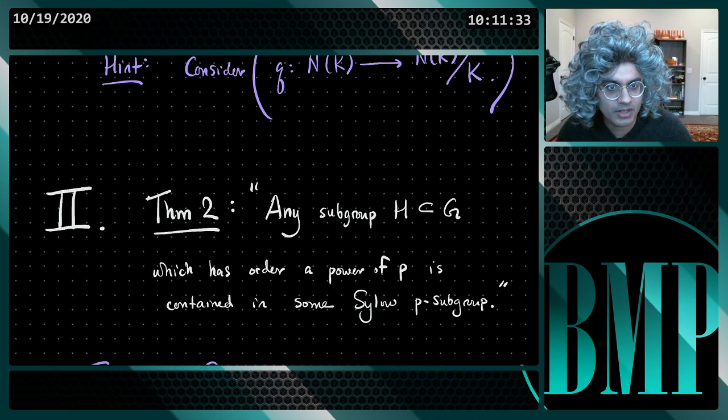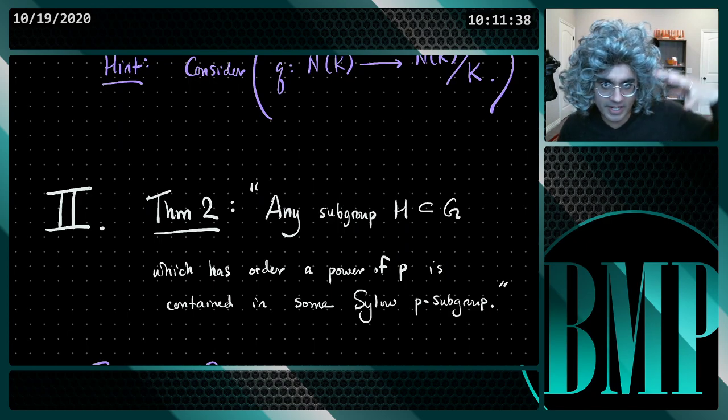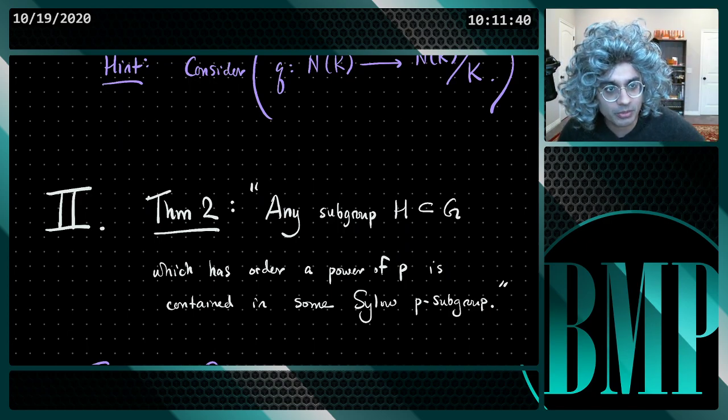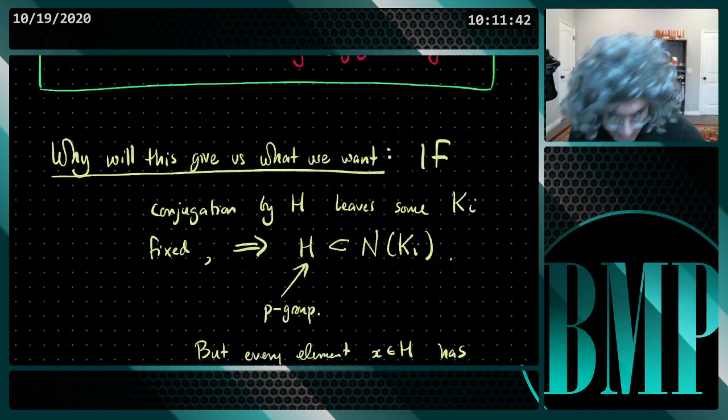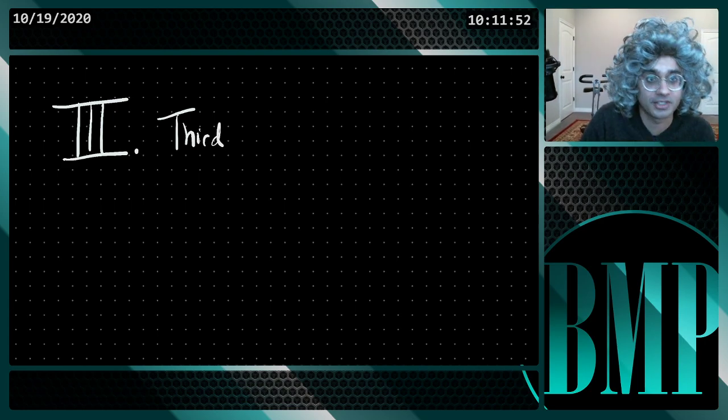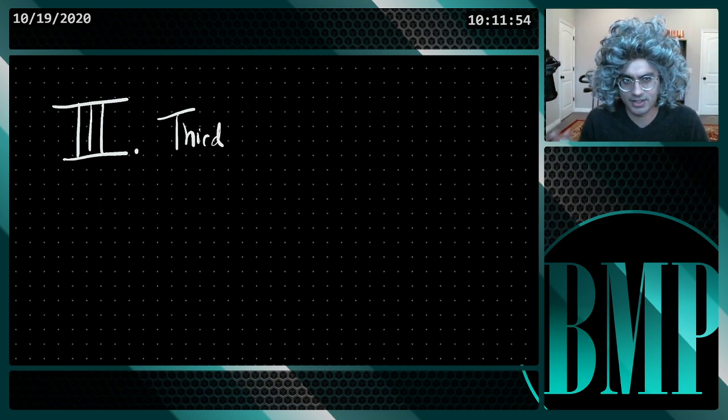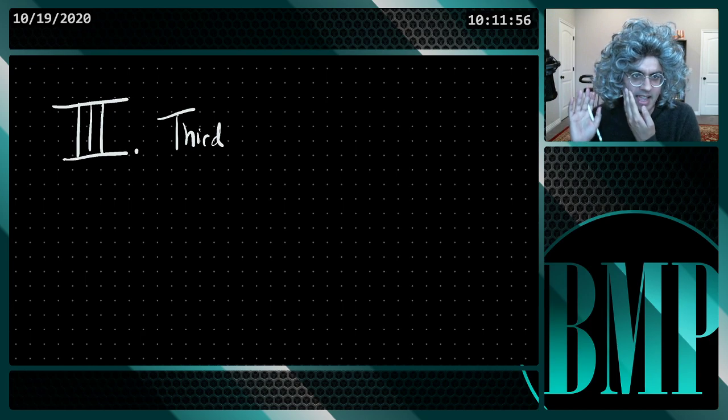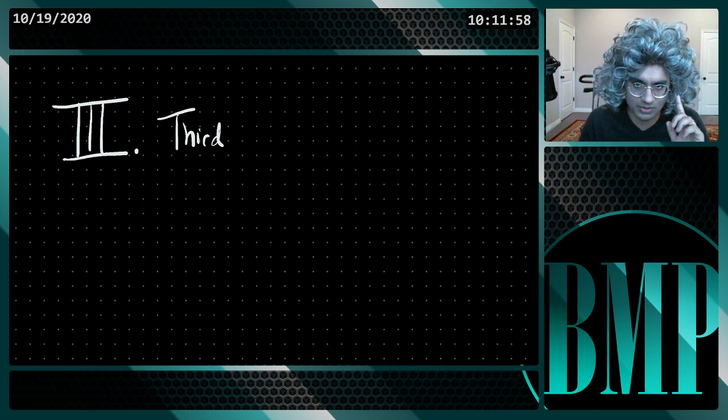Any subgroup which is a P group can be inflated to become a Sylow P subgroup. So now I'll state the third Sylow theorem. And this third one is used absolutely the most.